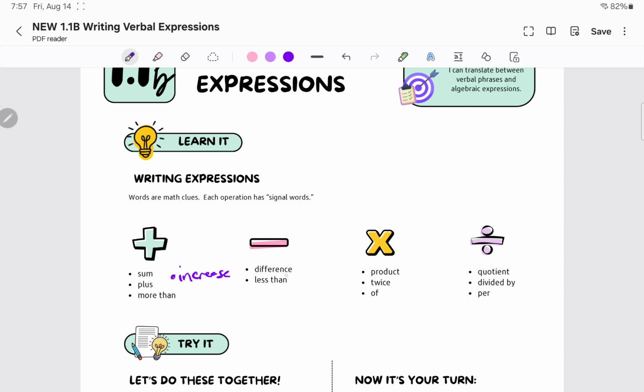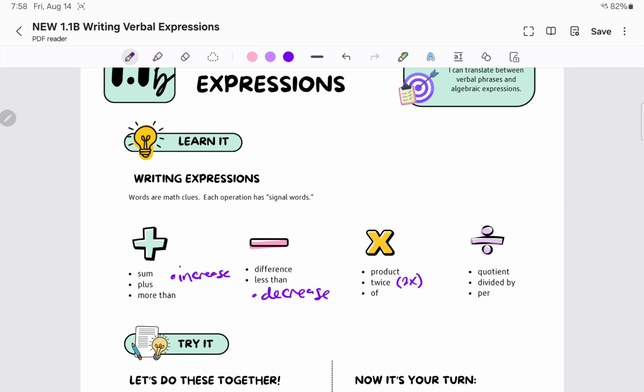So difference, less than, decrease, go ahead and add decrease. All of that is going to indicate that you are subtracting, or you're going to use the minus sign. If the words are product, twice, of, and let's put a little note, twice is going to mean 2 times that number, or that variable.